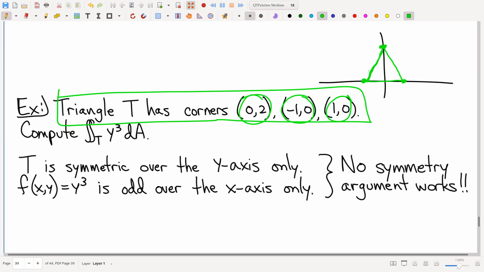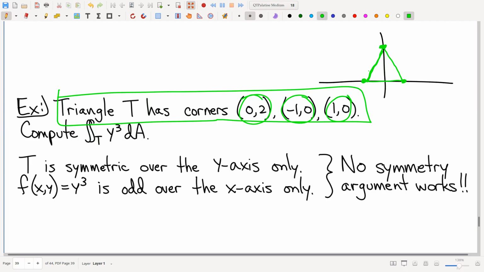Symmetric domain, odd integrand, integral 0 by symmetry, or so it seems. You can see the allure of that argument. Isn't that tempting? We love it when symmetry works. It's easy to get all pumped up and excited about it and kind of proud of yourself maybe, hey, I noticed one, right?